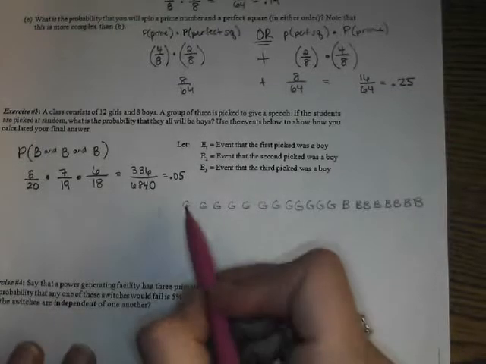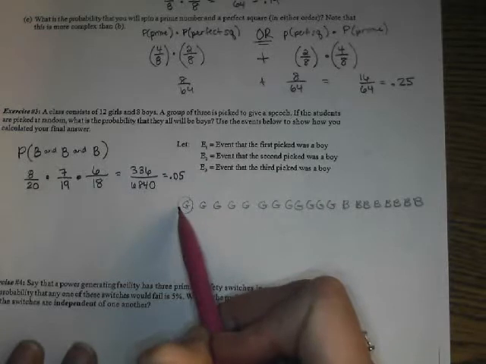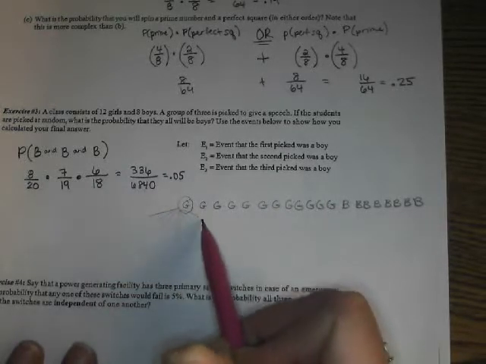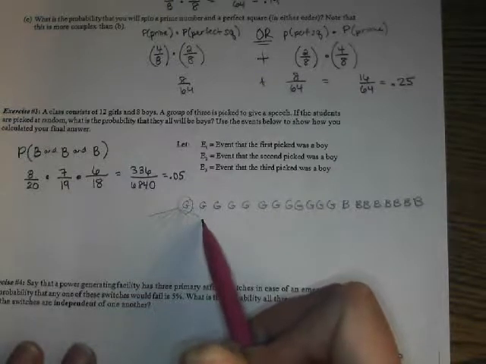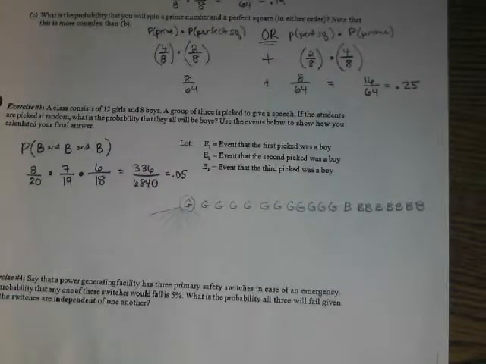And then if I pick this particular girl the first time, how many branches do I have? 19 branches, right? Of the remaining 11 girls and the 8 boys. So clearly this is going to get ugly.